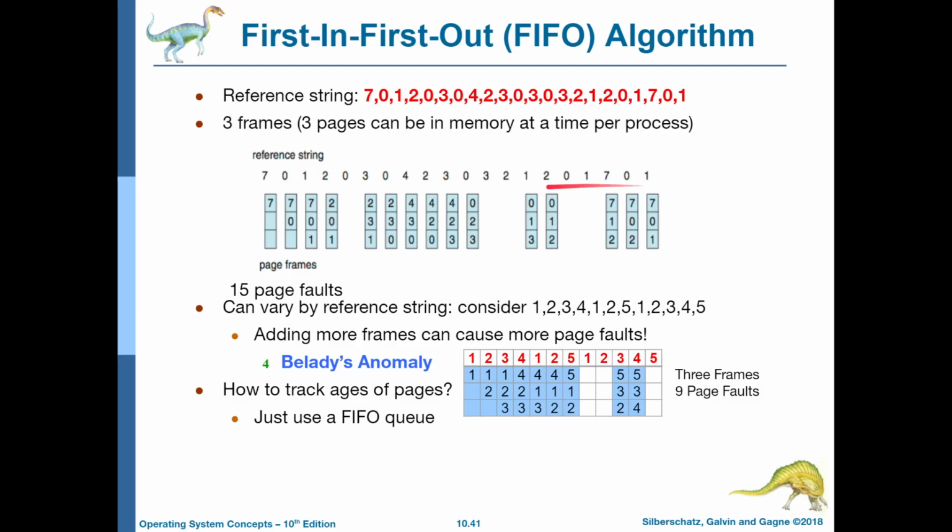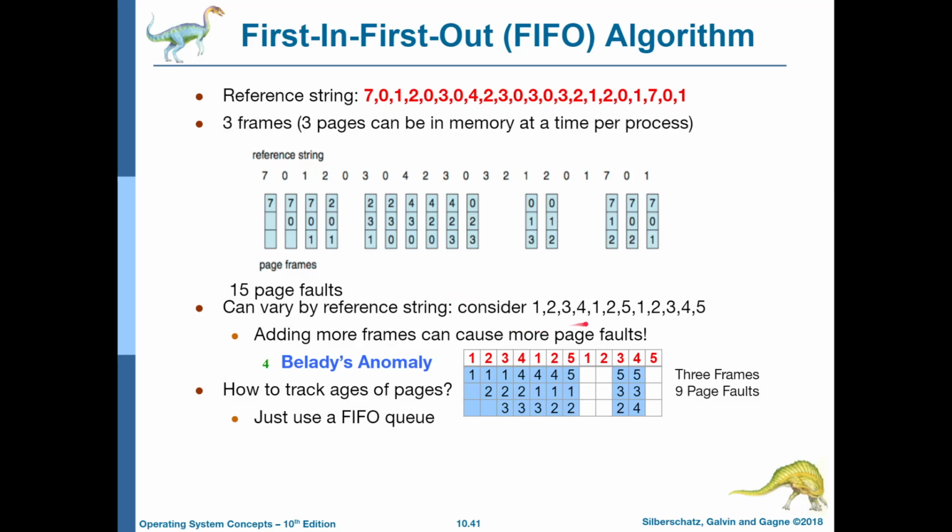Now, in the course of this, we've had 15 page faults for this particular reference string. We need to remember this 15 page faults because it's going to be used as a value of comparison with the other algorithms.